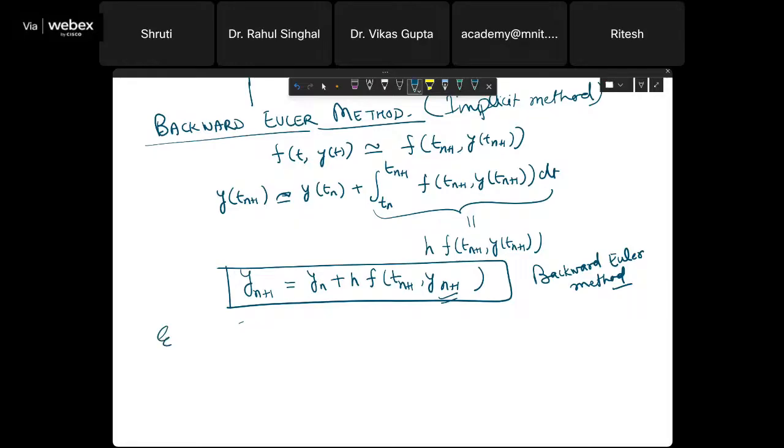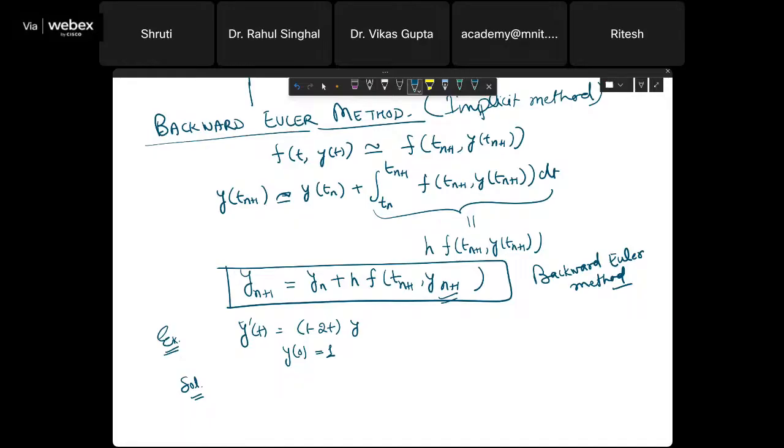Okay, but for simplicity, let us first see this application for a simple ODE, the same problem which I have just taken. If you apply this backward Euler method, is there any improvement? The truth is there is not much improvement. You'll get almost similar results, with a marginal difference in the error, or a slightly better error estimate.